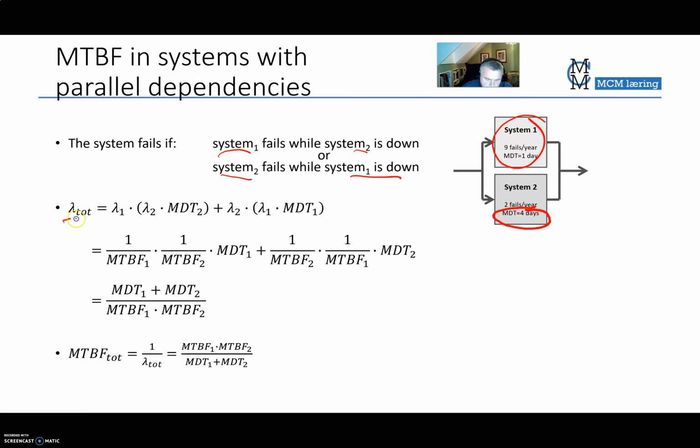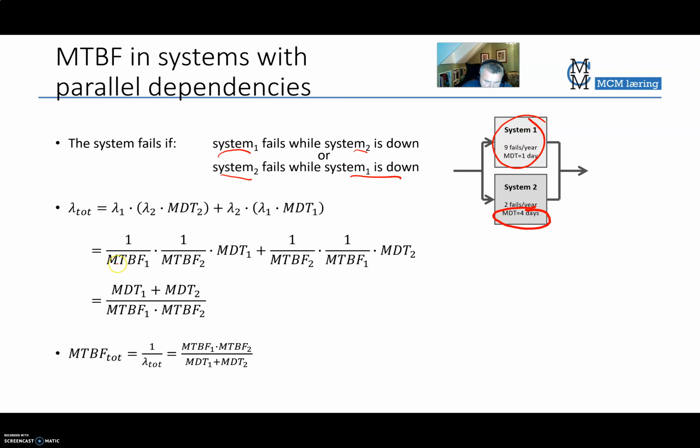So, the overall failure rate would be the failure rate of system 1 while system 2 is down, and system 2 is down according to its failure rate multiplied by the downtime it takes. Or system 2 goes down while system 1 is already down. And of course you can convert the failure rates lambda to the mean time between failures, MTBF.